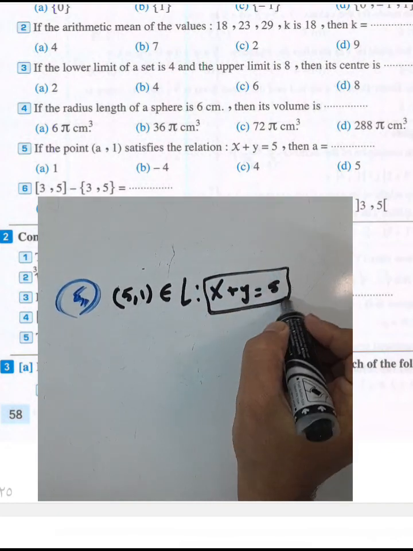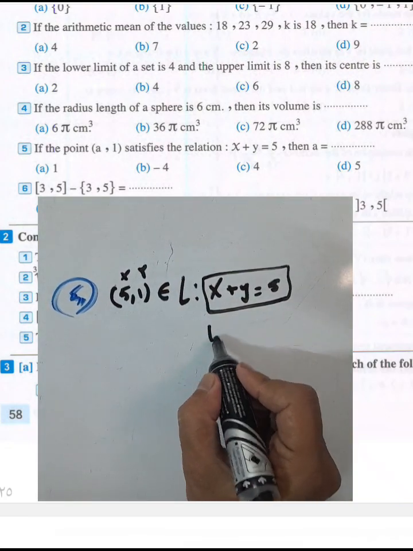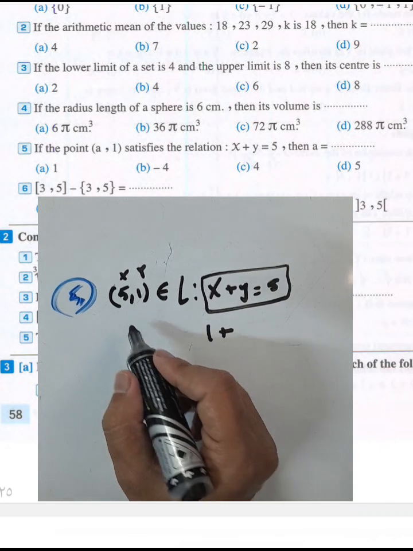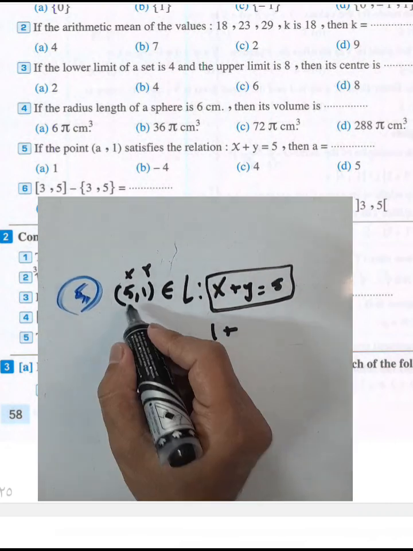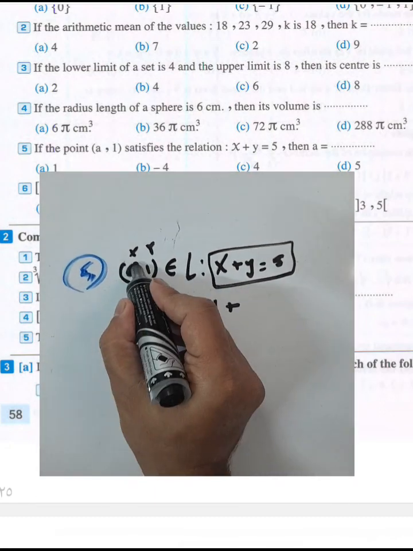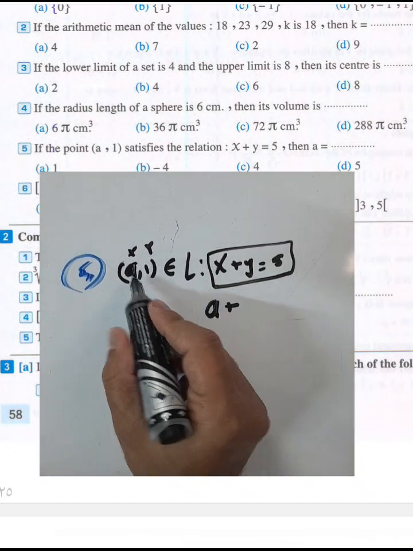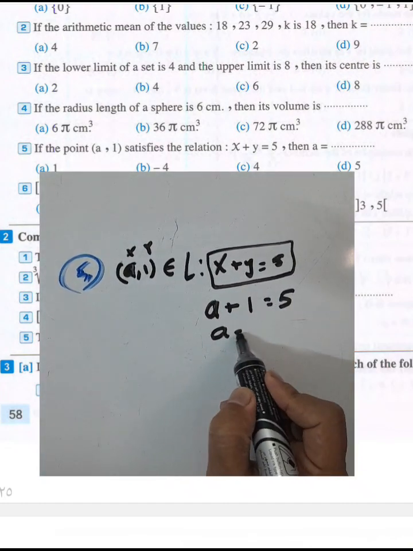Satisfy this equation, meaning x equals 5 and y equals 1. Sorry, this point is (a, 1). Okay, then put x equal a and y equal 1. a plus 1 equals 5. Then a will be equal to 4.